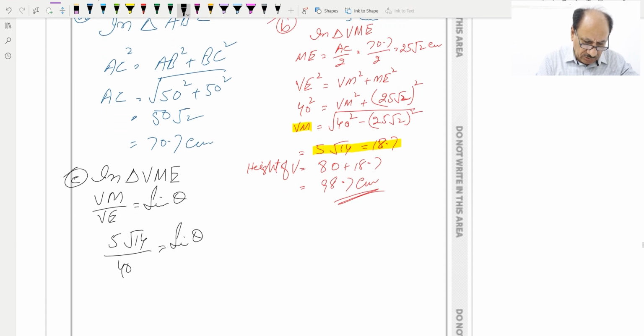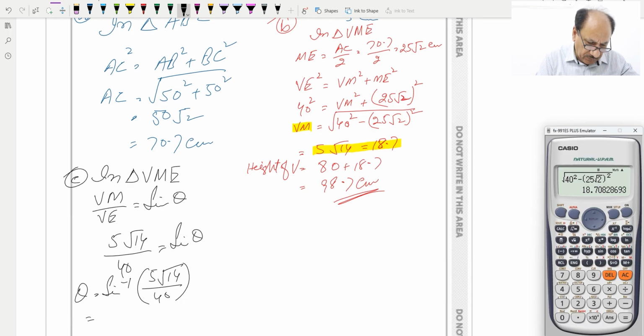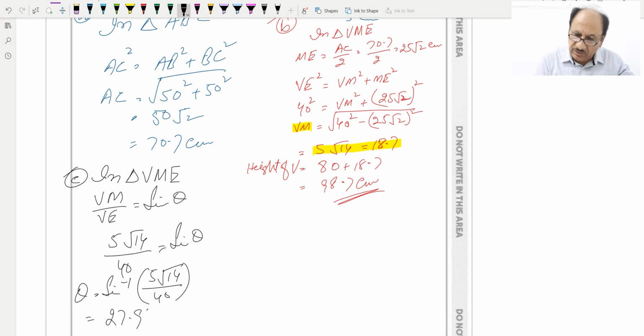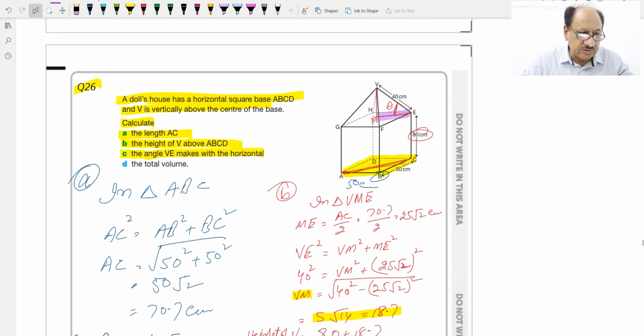So theta will be equal to sine inverse of 5 under root 14 over 40, and shift sine of 5 under root 14 over 40 is equal to 27.88, or we can write 27.9 degrees. So we found the angle.